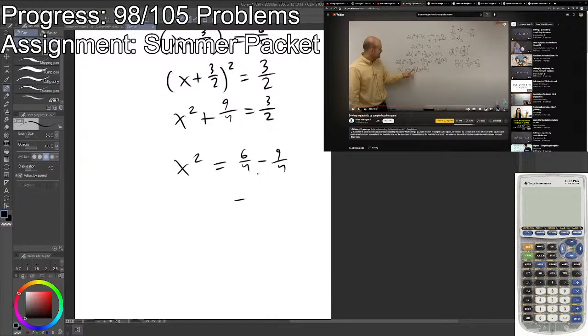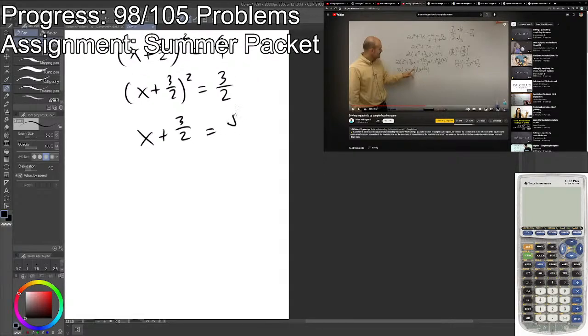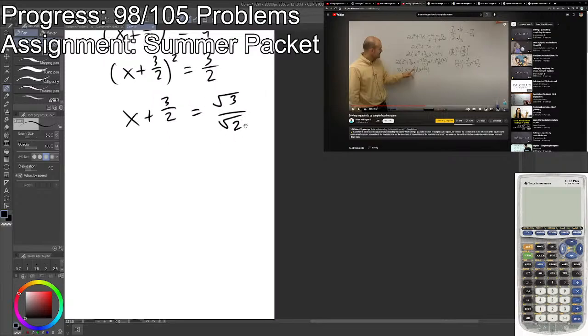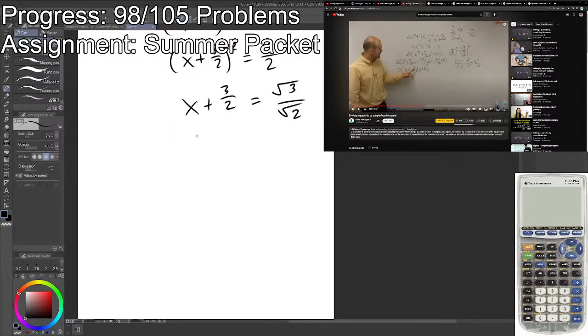What did I do wrong? So is it squaring before it moved? Wait, hold on. So x plus 3/2 equals square root of 3 square root of 2 or something? Really? No. No. How'd they get square root of 6?